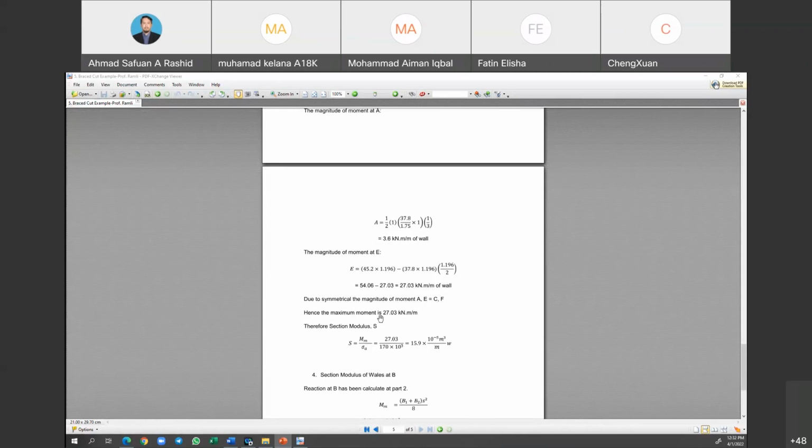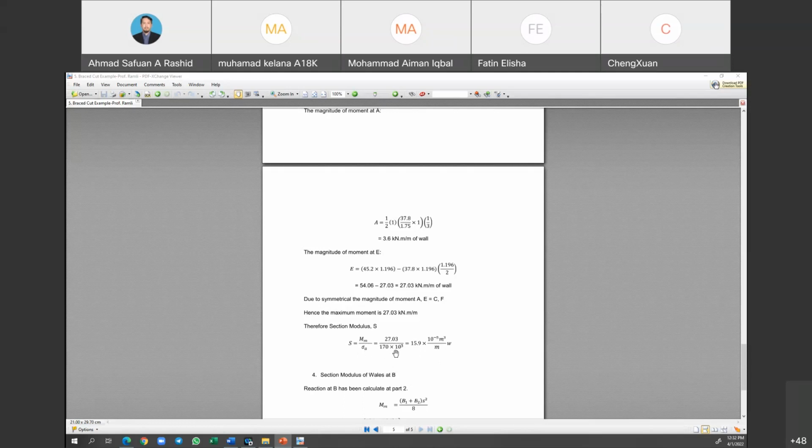Therefore, the section modulus. If you want to calculate the section modulus, the maximum is divided by the strength of the material, and this is the value that you can gain later on.